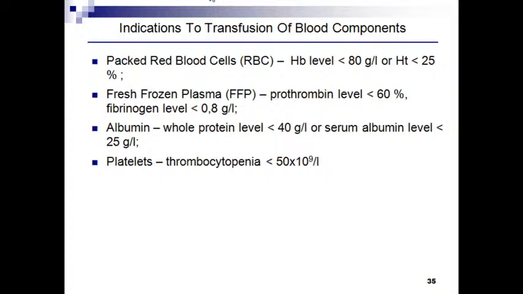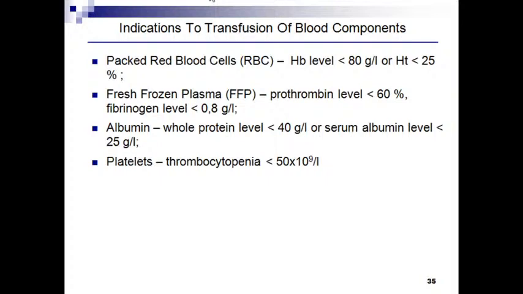Indications for transfusion of blood components. Hemostatic therapy with blood components has very strict indications. Erythrocytes, we should transfuse if hemoglobin level is less than 80 grams per liter or hematocrit below 25%, or 0.25.